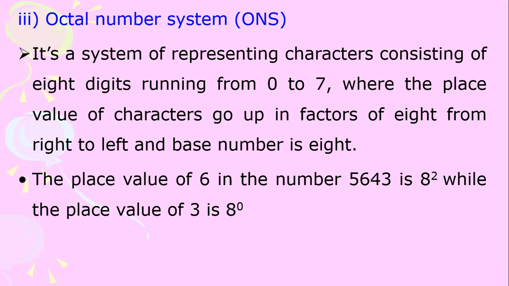That's why we are saying that the place value of 6 in the number 5643 is 8 raised to 2, or the place value of 3, which is the least significant digit, is 8 raised to 0.